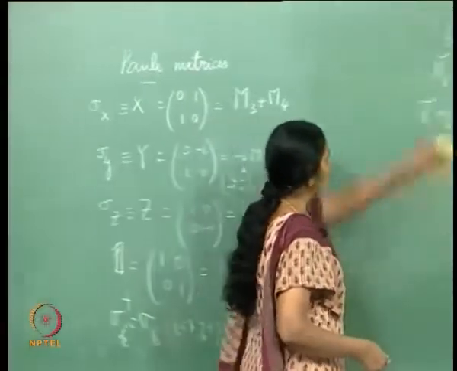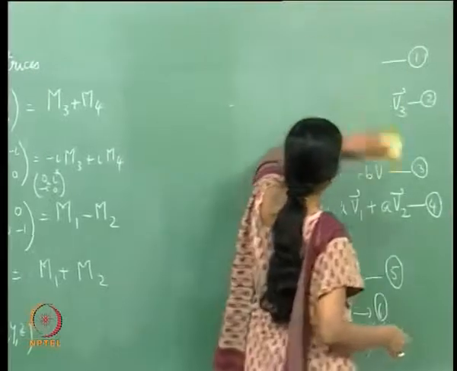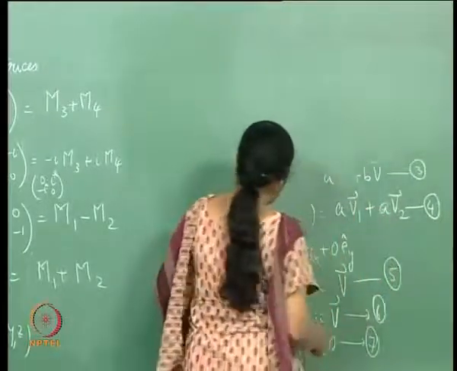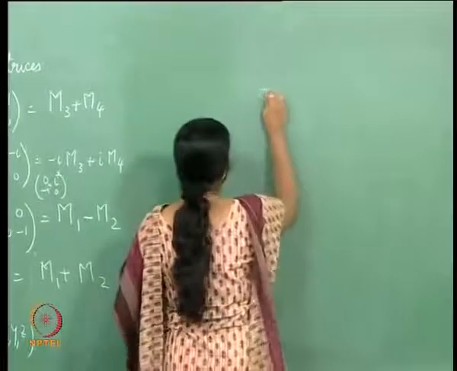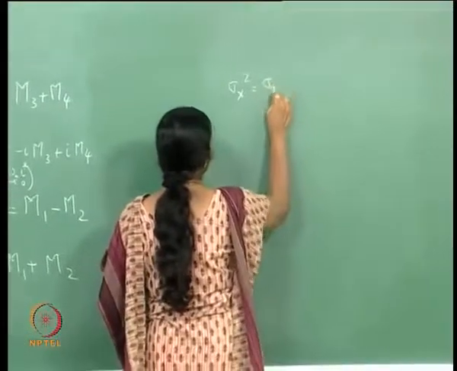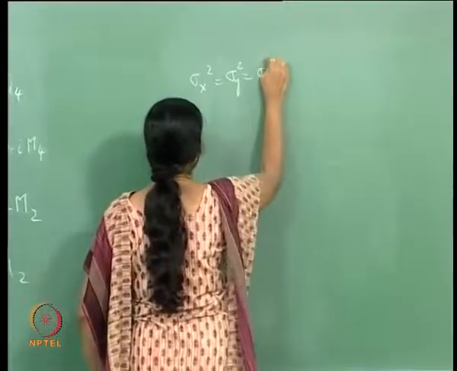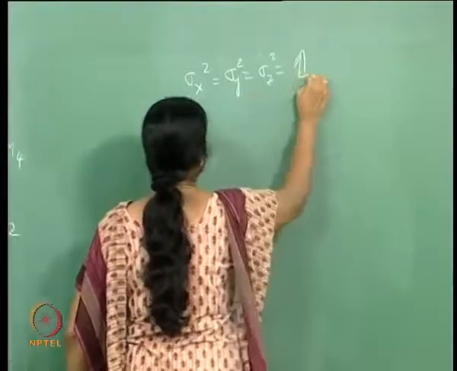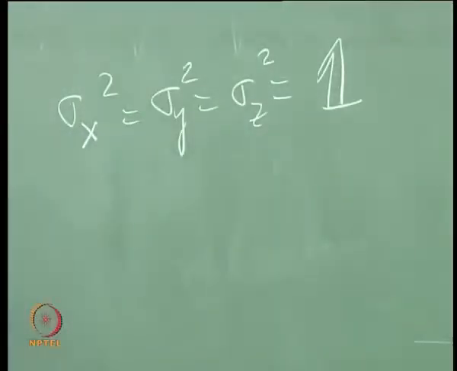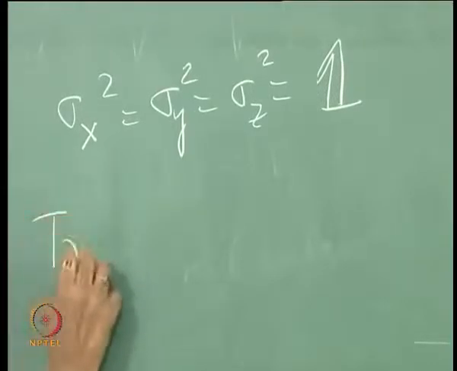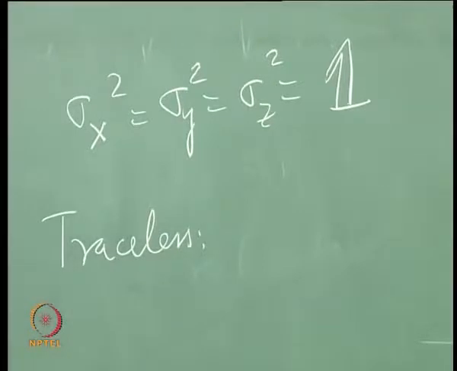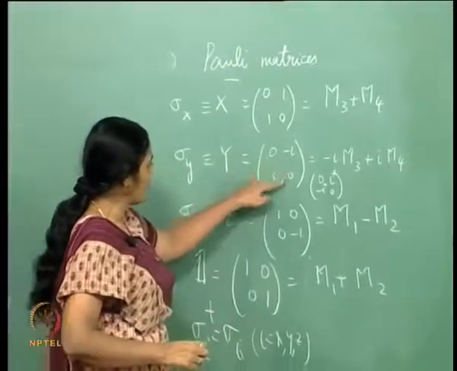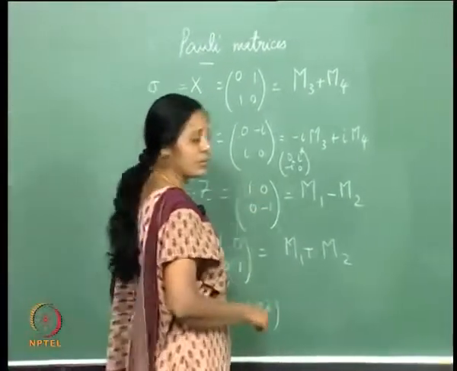Then it is also true that the square of each of these sigma matrices is unity. You can easily check that sigma x squared equals sigma y squared equals sigma z squared is the identity matrix. Also traceless, that means the sum of the entries in the principal diagonal is 0.